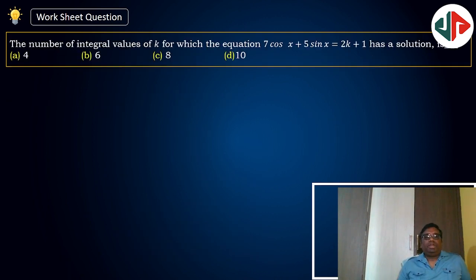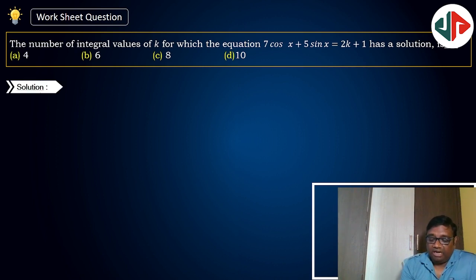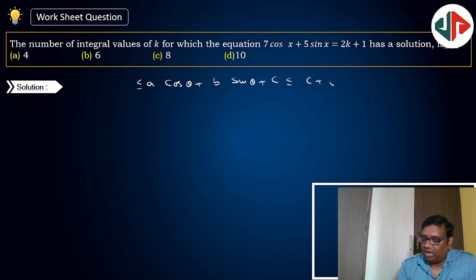See, the number of integral values of k for which the equation 7 times cos x plus 5 times sin x is equal to 2k plus 1 has a solution. Remember, always the standard function a times cos theta plus b times sin theta plus c. A solution will exist if and only if c minus under the root of a square plus b square is less than or equal to the expression, which is less than or equal to c plus under the root of a square plus b square.